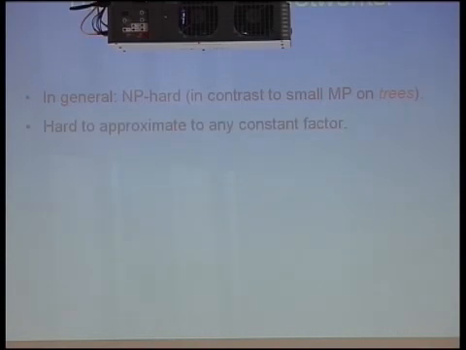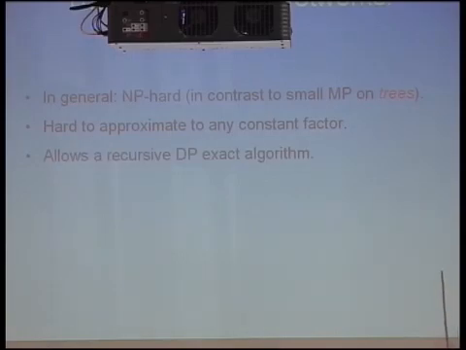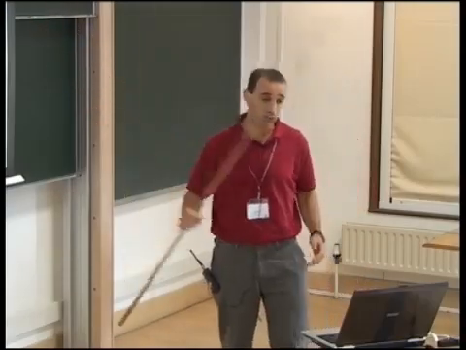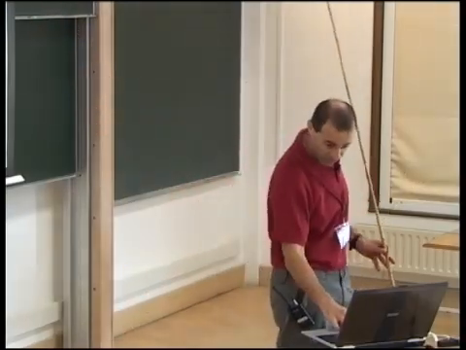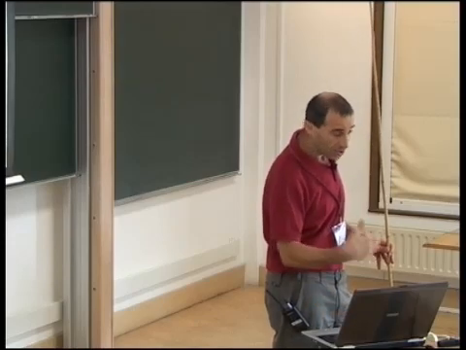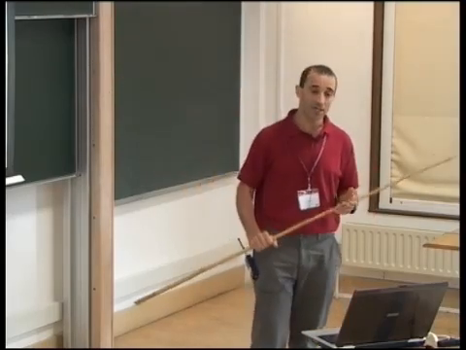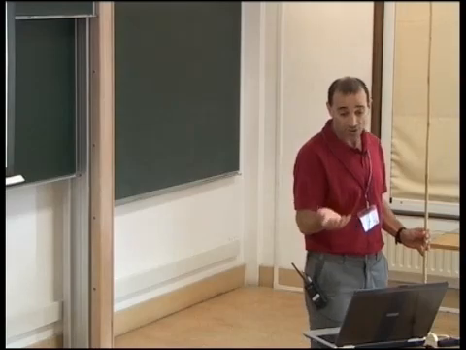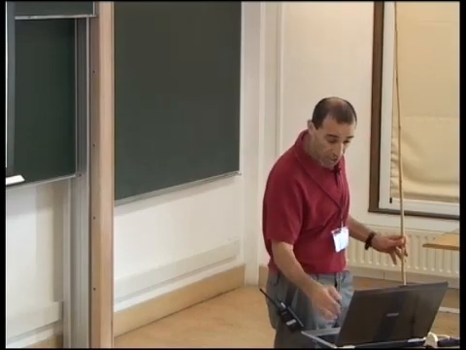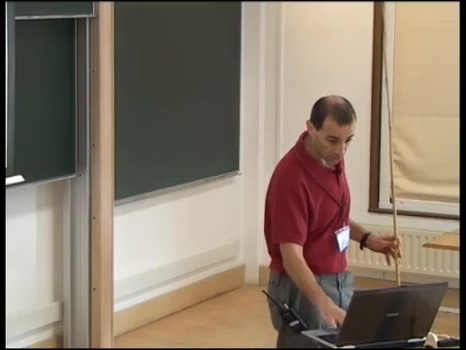By the type of reduction, we can also infer that this is hard to approximate to any constant factor, but it allows a recursive dynamic programming exact algorithm that I will talk about next. It improves on an exhaustive algorithm by Nakhleh et al., that actually tried every tree in the network.